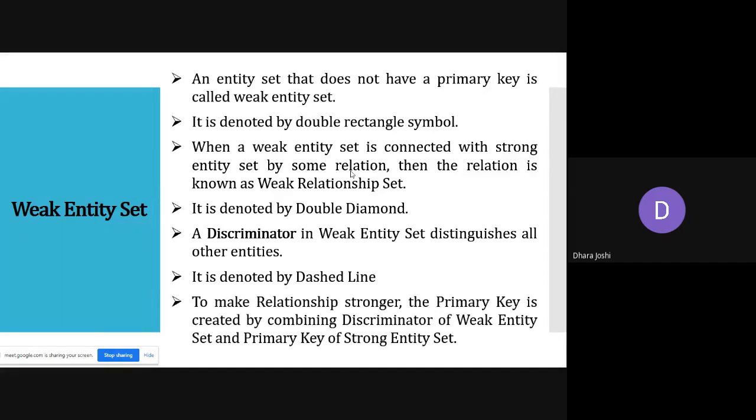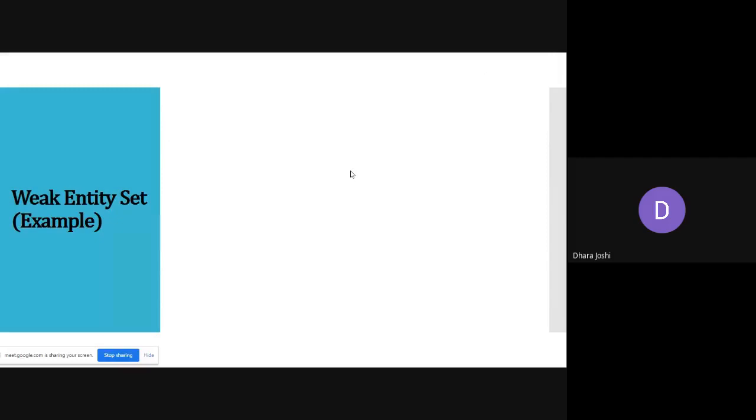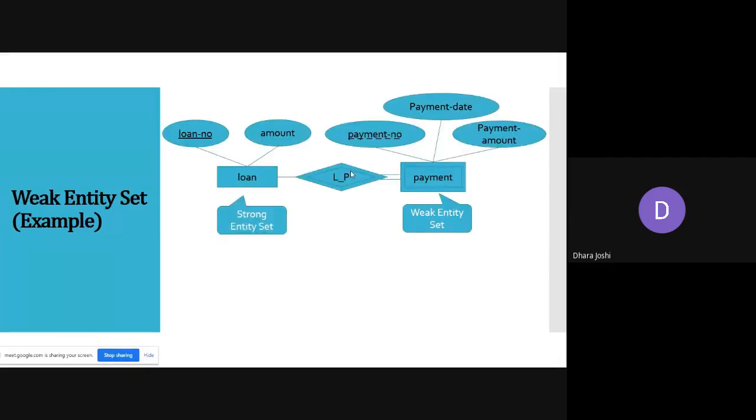To make relationships stronger, the primary key is created by combining the discriminator of the weak entity set and the primary key of the strong entity set. What does it mean? Here we have payment number as discriminator, and as you differentiate here, loan number is primary key, so it has a solid underline. But in payment number, we have a dashed line, and it is represented as discriminator.